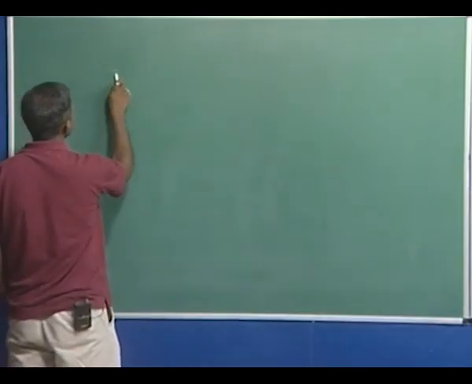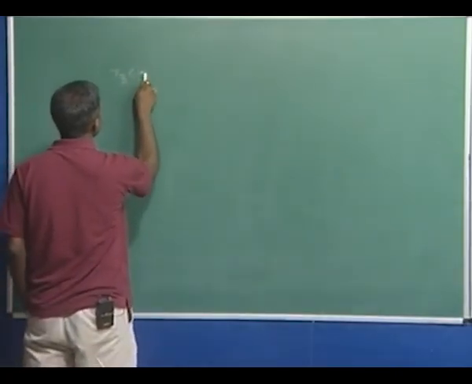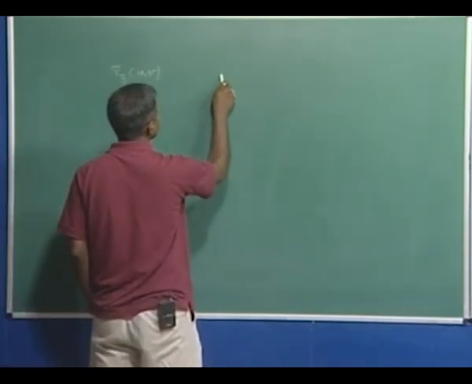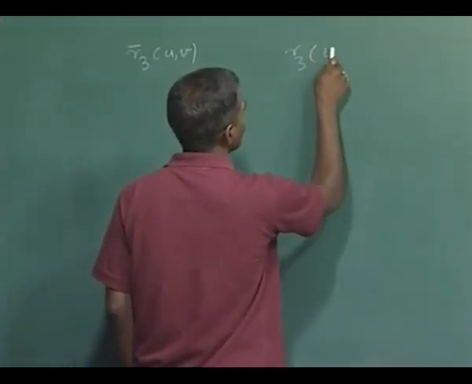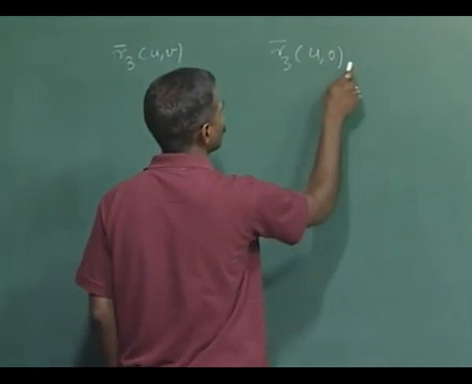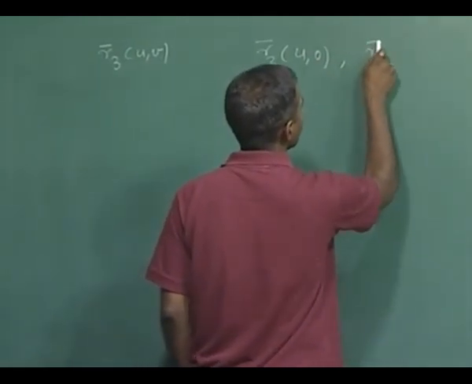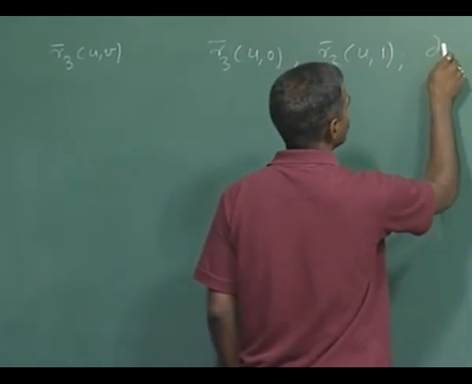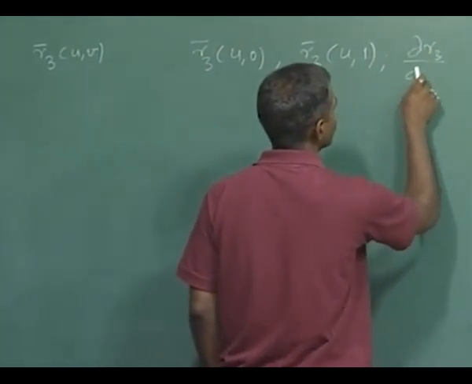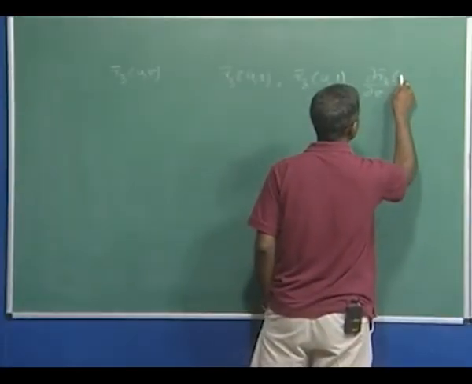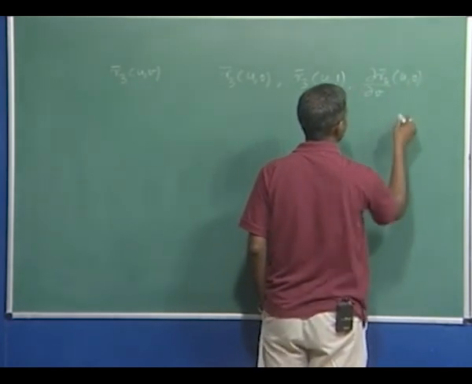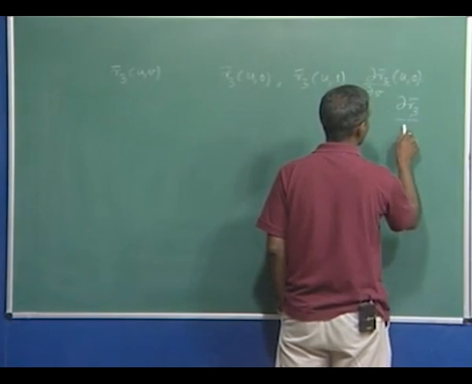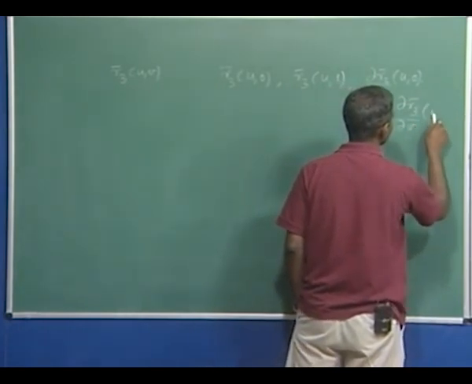For the correction surface R3(u,v), this is the information we have: R3 u0, R3 u1, partial R3 over partial v at u and 0, and partial R3 over partial v at u and 1.